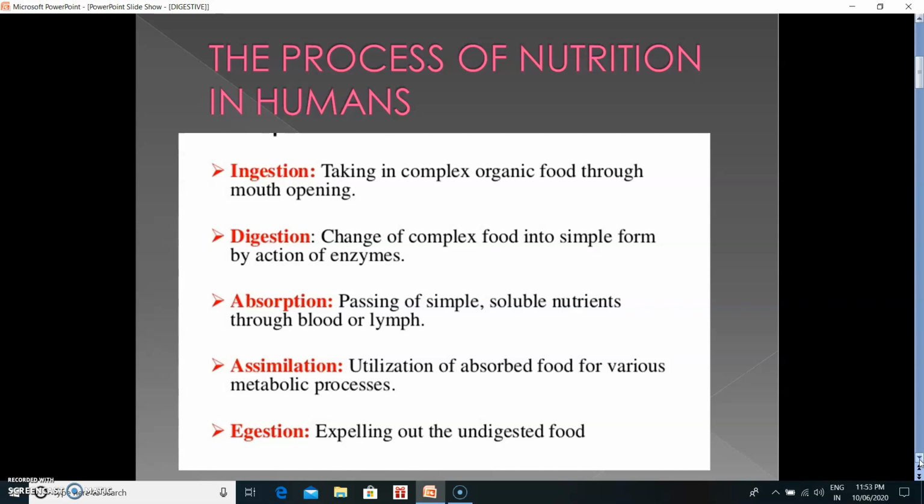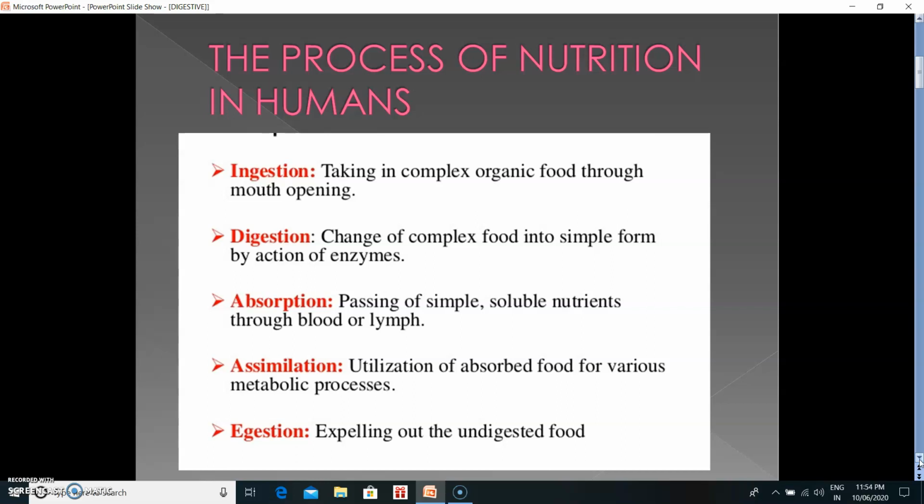Now, what is this digestion? Digestion is the next stage in which the complex food, whatever you eat, is broken down into simple form by the actions of enzymes.